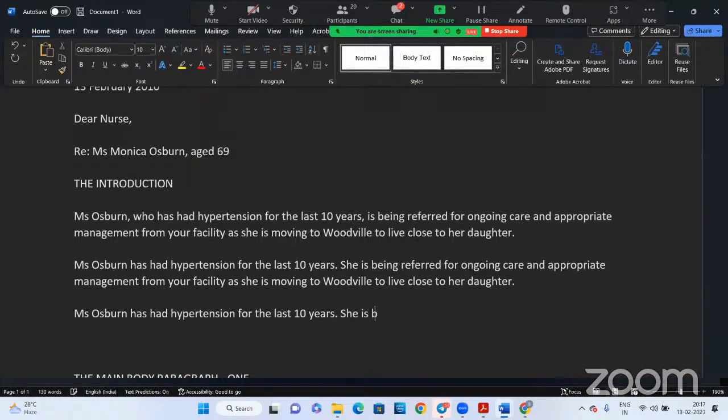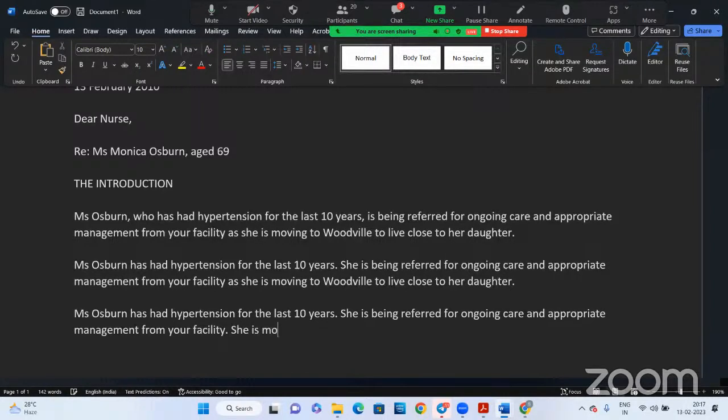She is being referred for ongoing care and appropriate management from your facility. Full stop. She is moving to Woodville to live close to her daughter.